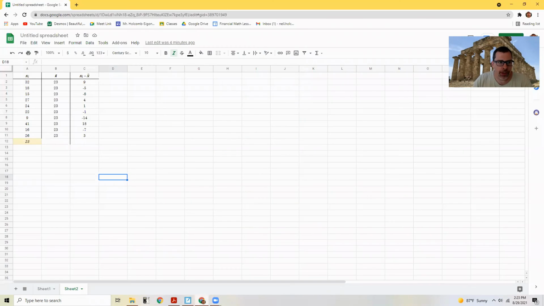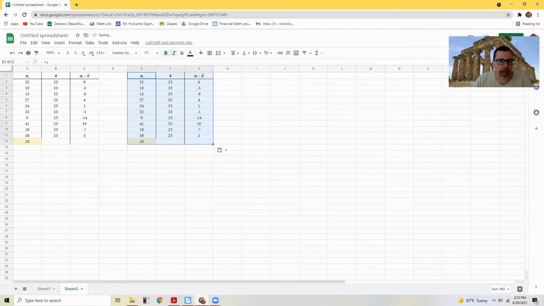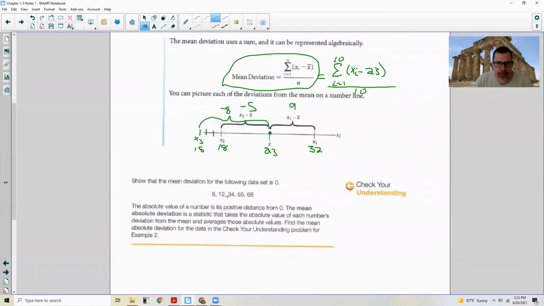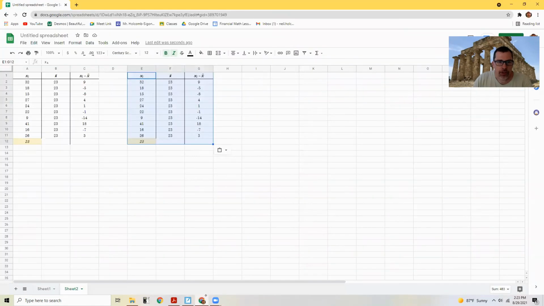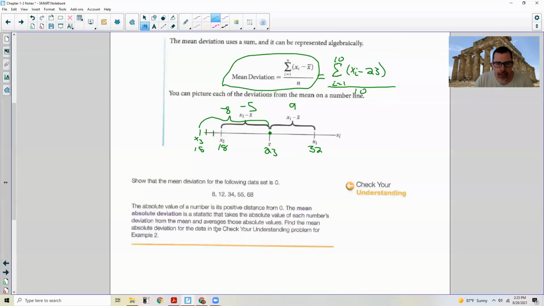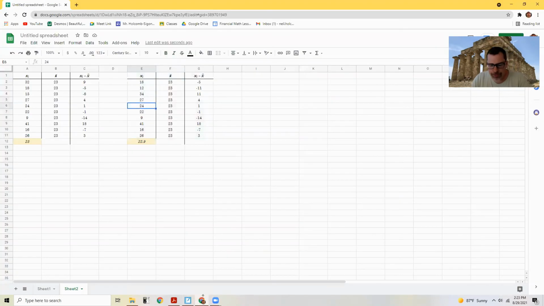So if I go here and I just copy all of these, Control C, put it over here, Control V, but now I'm going to change my values to what is in this list, 8, 12, 34. Okay, and then I go back, and 55 and 68 are the last two. Then I'll put 55 here, 68 here, and delete the rest.